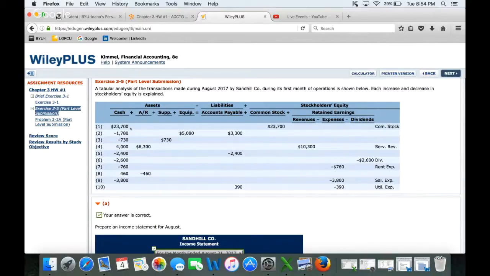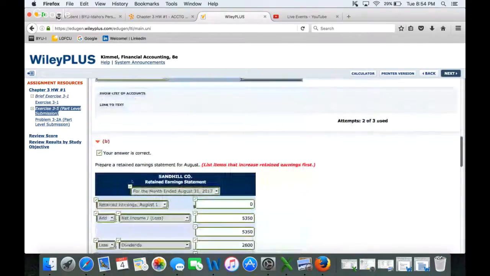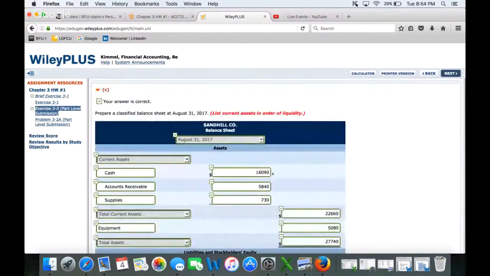So the $23,700 minus 1,780 minus 730 plus 4,000 minus 2,400 minus 2,600 minus 760 plus 460 minus 3,800 gives you a total of 16,090. So that would be your current asset of cash. There's a total of 16,090.